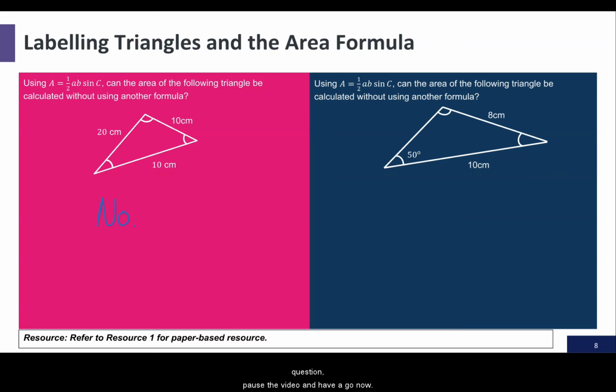Here's your question. Pause the video and have a go now. So we've definitely got two sides, but we don't have an angle between. So in this case here, no, it can't be done just by using the formula. This left-hand side one, we would need to use the cosine rule to find an angle.